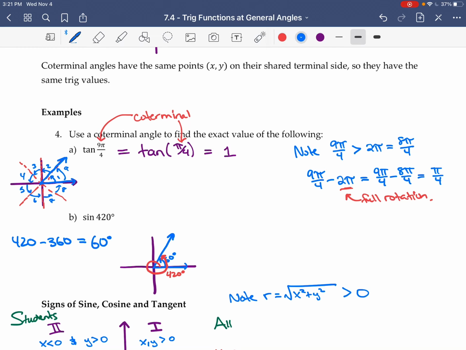So sine of 420 degrees is equal to sine of 60 degrees, and sine of 60 degrees we know is √3/2. So we find the coterminal angle and then use that to compute the exact value because it happens to be one of our special angles that we know the sine value of.